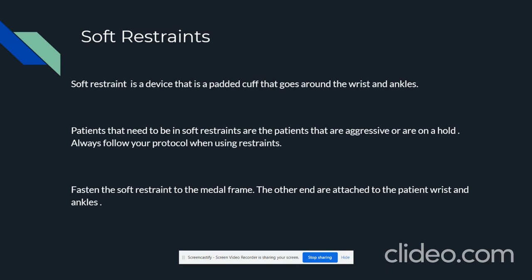Patients that need to be in soft restraints are the patients that are aggressive and or potentially on a hold, making sure you're always using your protocols when you're using your restraints. The protocol that I have to use is they're either aggressive with us or they are placed on a hold.